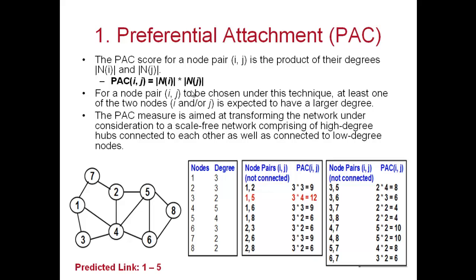Under this preferential attachment measure, you are more likely to have the network evolve as a scale-free network, where the majority of the nodes have a smaller degree, but there are a few nodes that have a very high degree, and the low degree nodes are connected to the high degree nodes. The high degree nodes are called hubs.